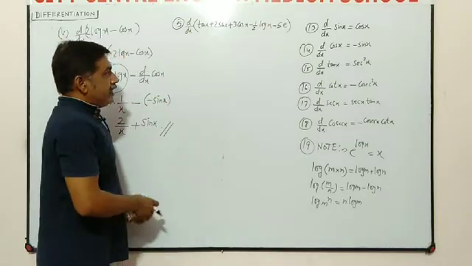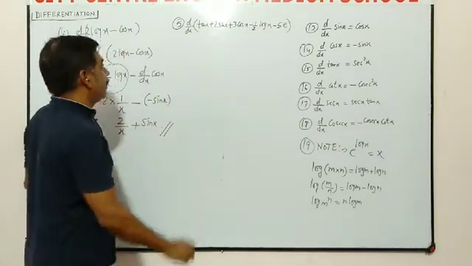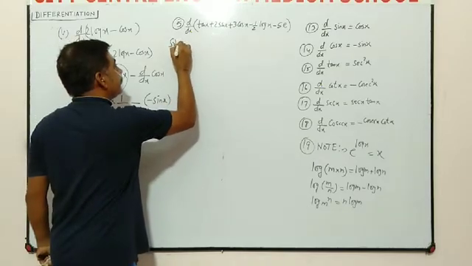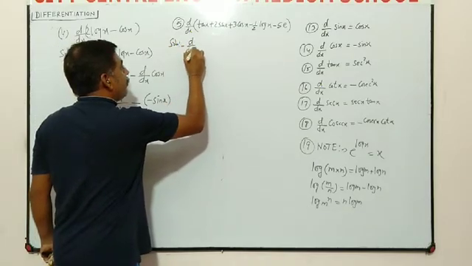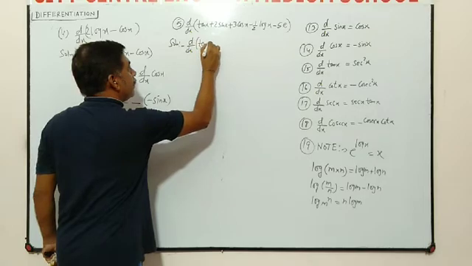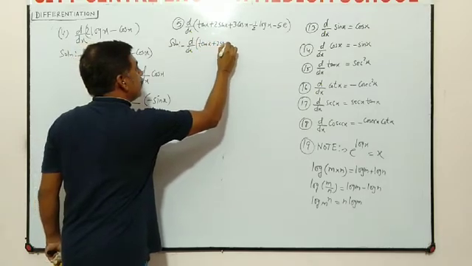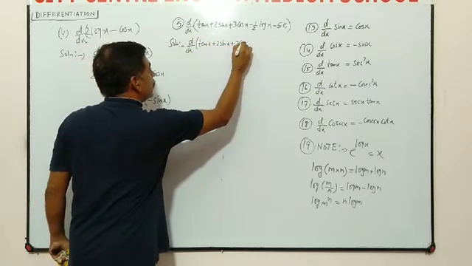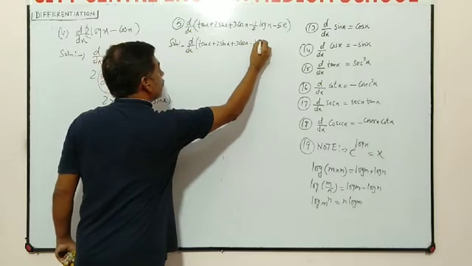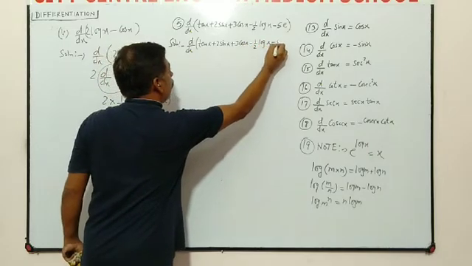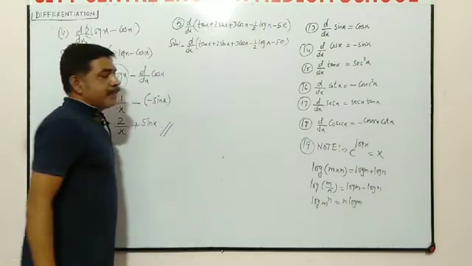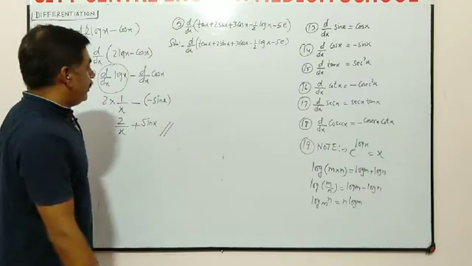So we have to differentiate all 5 terms. Solution. So we have to find differentiation of 10x plus 2 sin x plus 3 cos x minus 1 by 2 log x minus 5e. Clear?